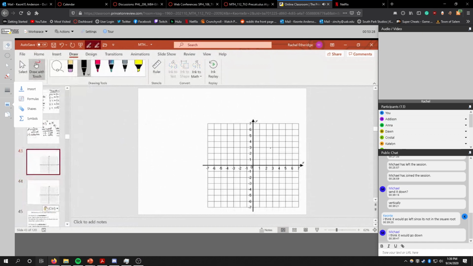First, I'm going to do one that looks like this. So y equals negative 2x squared. So I'm going to show you what you would do with your table to take care of this. You would start off with your parent graph, y equals x squared.